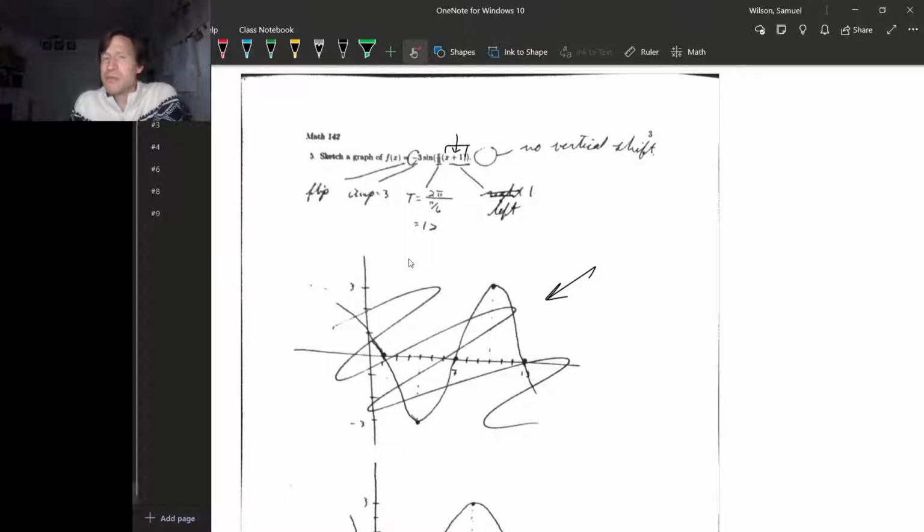Other than that, probably the most common mistake was having the wrong period. So remember the relationship between this number, which I've been calling omega, but the book seems to call b for some reason. Either one is fine. I like my notation better, but then I would. That's why I use it.